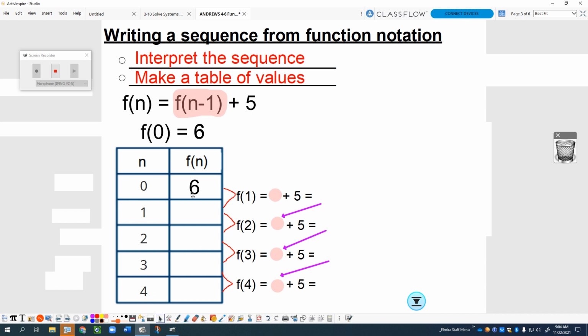So if my first term is 6, I'm going to use the 6 here. Okay, 6 plus 5 is 11. Okay, so 11 is the next term in the sequence, and I'm going to now plug 11 in.